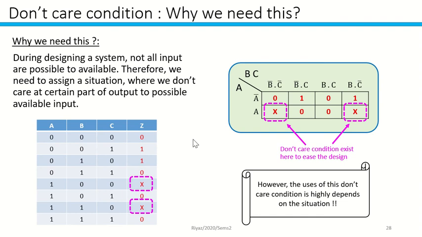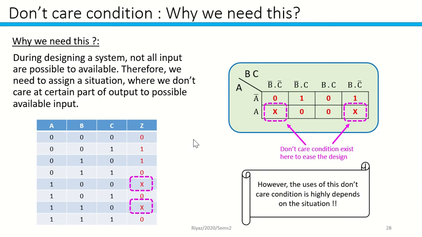Another condition that you need to understand is the don't care condition. Why do we need this? When you design a system, sometimes not all inputs are available, so to ignore that particular situation, or maybe sometimes you don't need the information before you make a decision, you can put a don't care condition. You don't care whether it is 0 or 1, but you need to form the design.